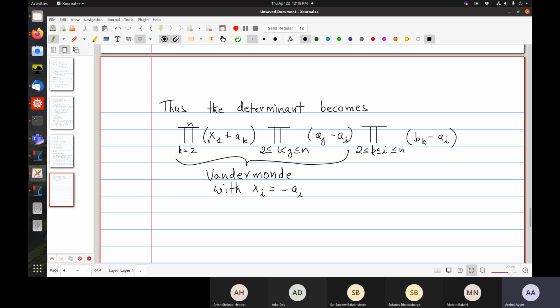So here I would get xi minus ai, x1 minus ai for all i, and here I would get aj minus ai. So oh, maybe there's a minus sign. Oh boy, I didn't look at that carefully. So okay, so we can do that.